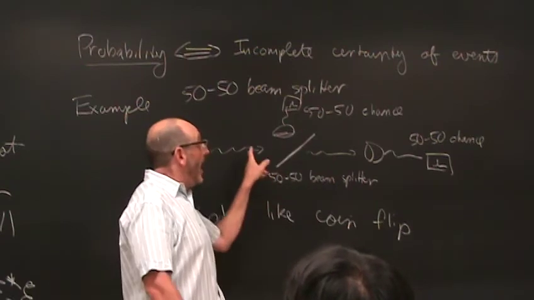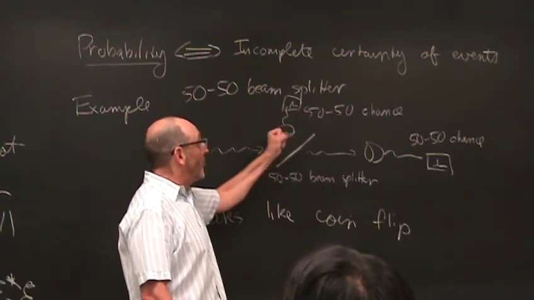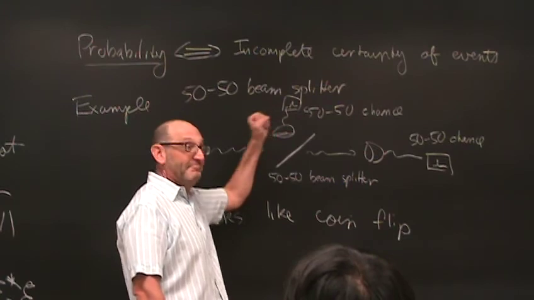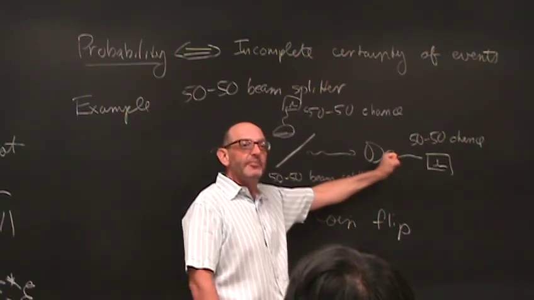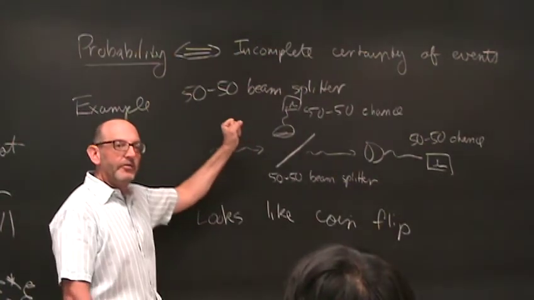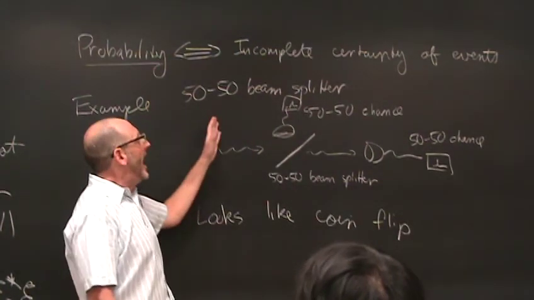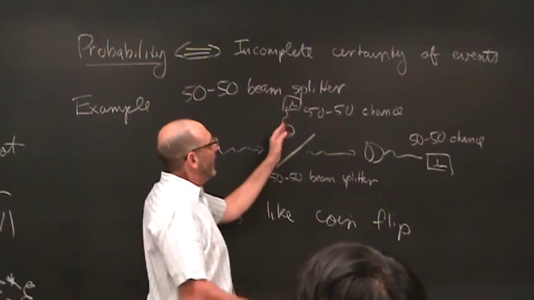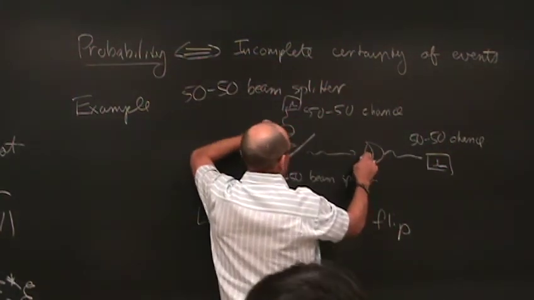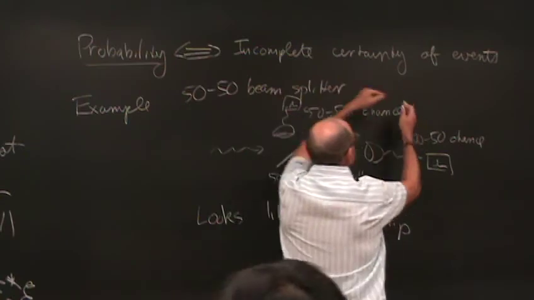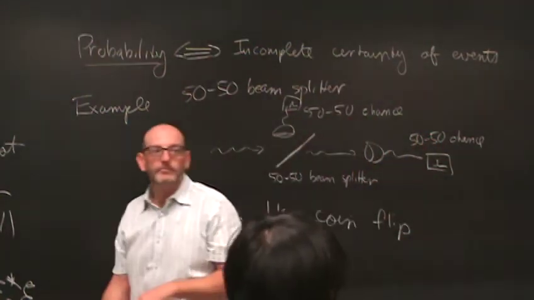It's that there is this corpuscle, this quantum, this particle-like thing, which is either completely transmitted or completely reflected. And if we were to try to look for both detectors clicking simultaneously, we would never see that.